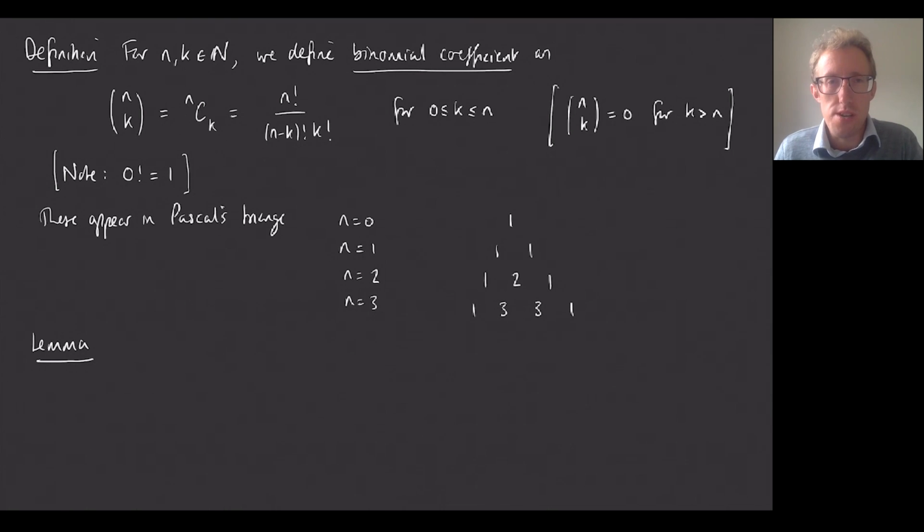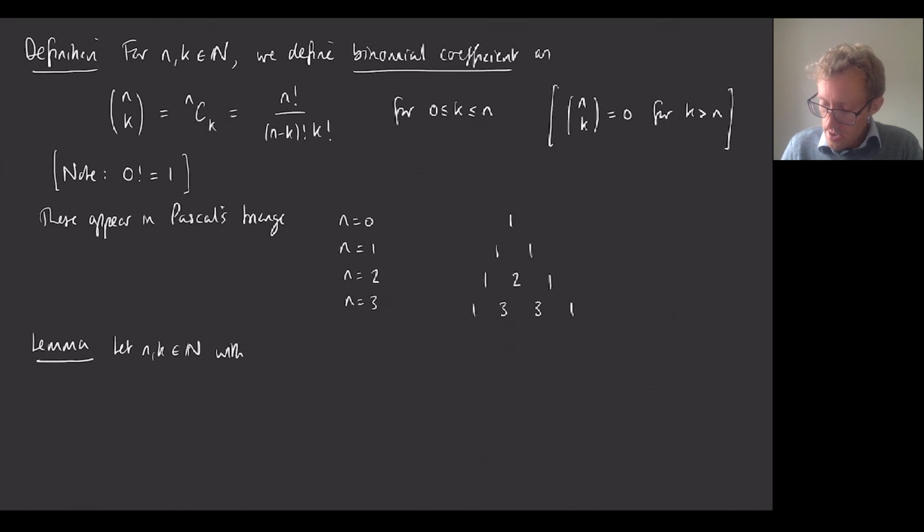And another word that you might see used is corollary. A corollary is a result that follows on from some theorem. Usually it's some kind of extension or a consequence of the theorem. Okay, but this lemma, I'm going to say let n and k be natural numbers.